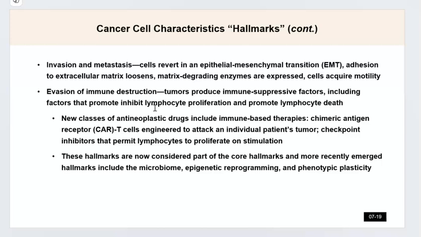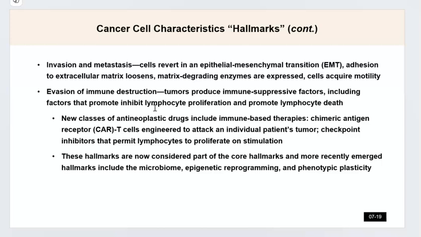So in order to do this, the EMT is an important process that allows these transformed epithelial cells to invade tissues, resist apoptosis, and then spread. An increased expression of EMT transcriptional regulators results in a loss of adherence, meaning the cells no longer stay where they belong, and they become mobile.